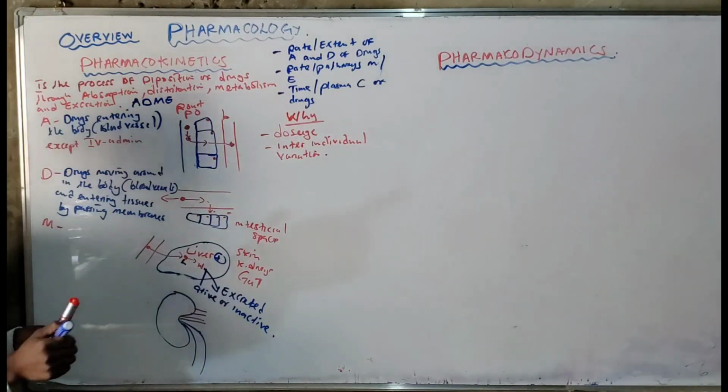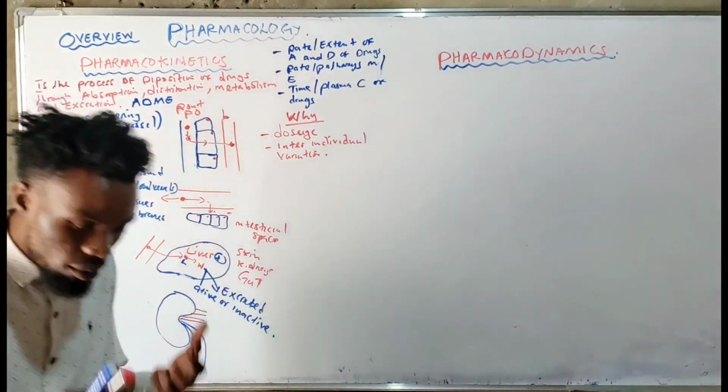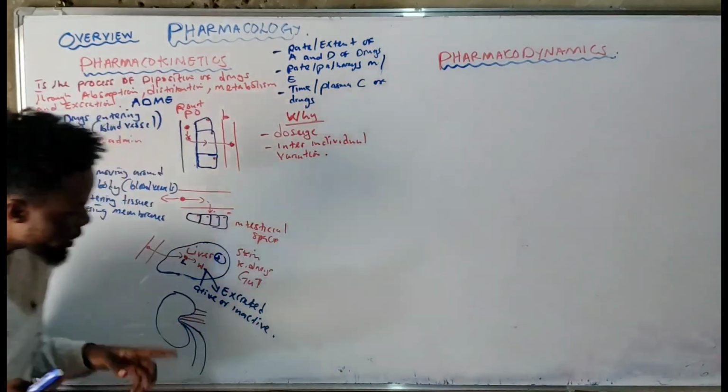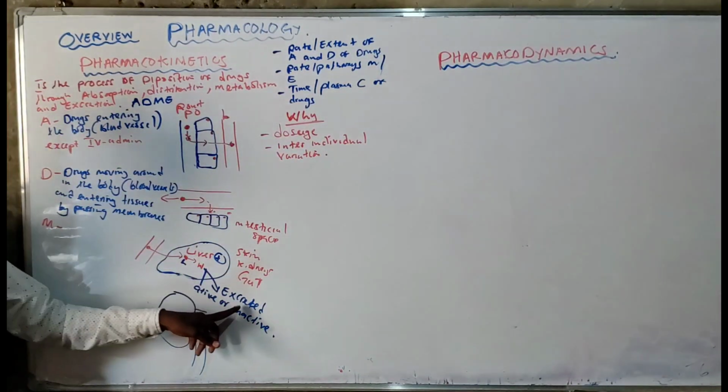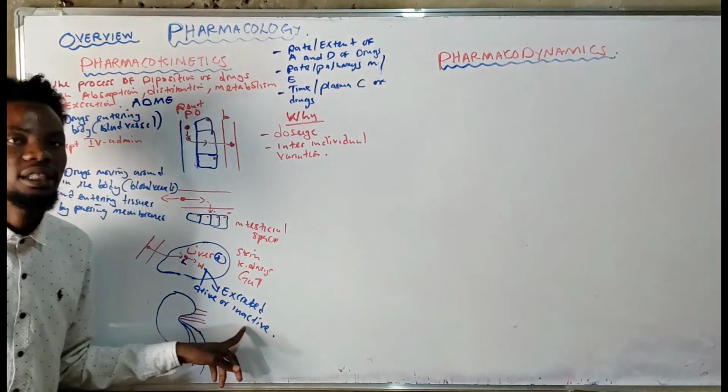That is the other important aspect you need to know about. The reason why metabolism happens is because that drug has to be excreted, or it has to be activated or inactivated.